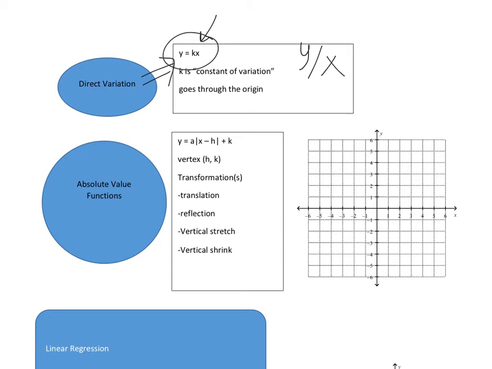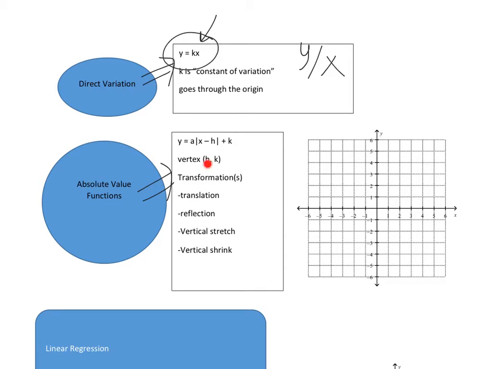And then absolute value functions take the form of a times x minus h plus k. You can have different absolute value functions too that we looked at that you could make with a t-table. But the generic absolute value is just going to be y equals a times x minus h plus k.